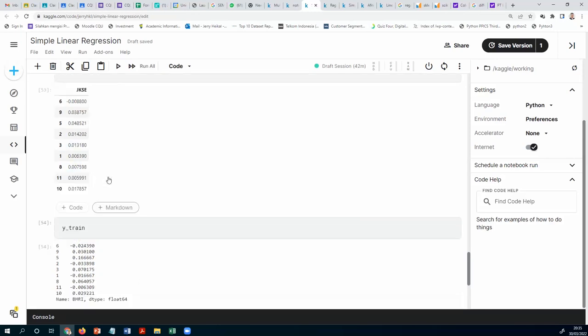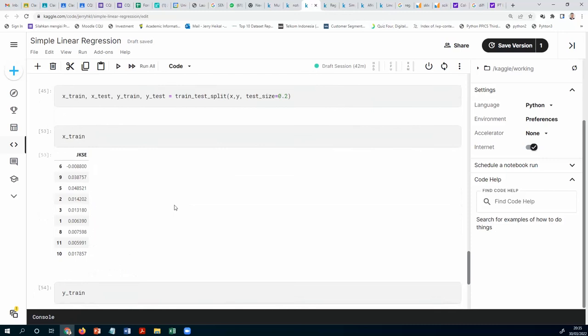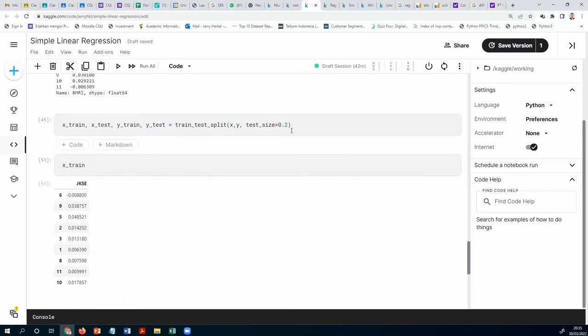So the index numbers are 6, 9, 5, 2, 3, 1, 8, 11, 10, randomly selected, because 20% is the test size. 80% is 1 to 10. 80% is for the training and 20% is for the testing.